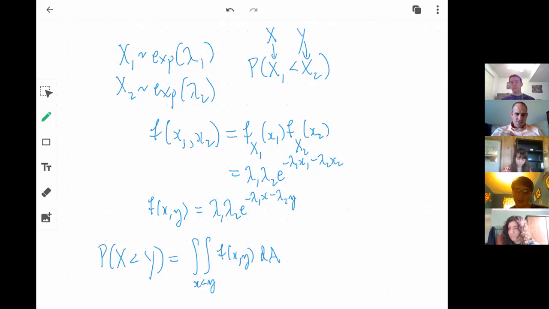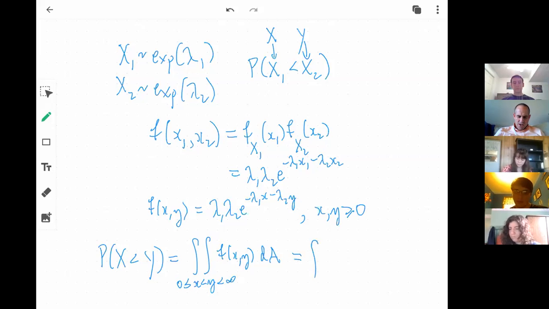Remember, the density is only defined for x and y both being greater than or equal to 0. It's 0 everywhere else. Anytime that is not true, it's equal to 0. So it's for x greater than or equal to 0, less than y, less than infinity. That is the region that we need to integrate over, okay?